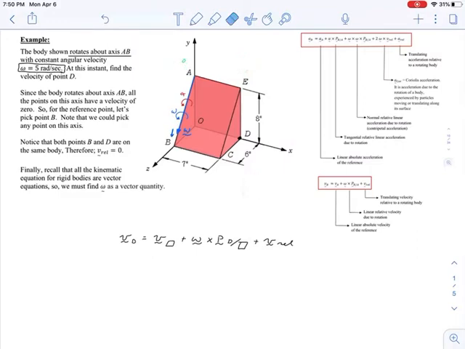The easiest point, given that it's rotating about AB, is one on AB, because the velocity at any point on AB would be 0. So it would be easy to choose either point A or point B, and I'm just going to choose point B.